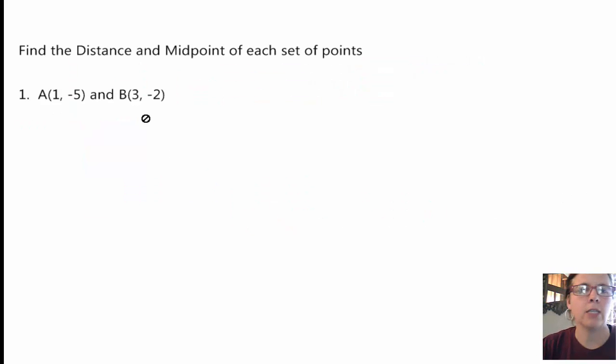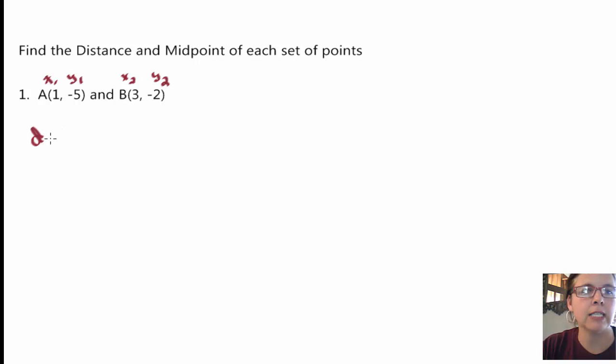Now, as we go on, here's an example. Find the distance and midpoint of each one of these. You can think of this as x1, y1, x2, y2, and you just sub it into your formula.